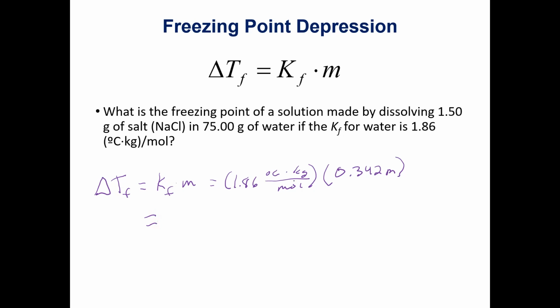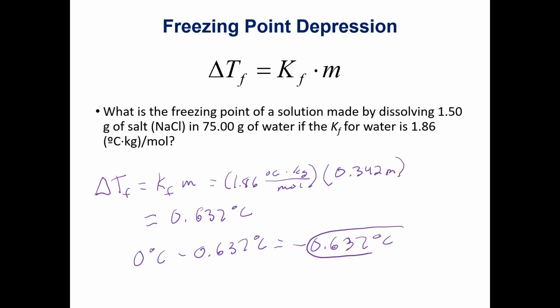So if we take 1.86 times 0.342, we have 0.637 degrees Celsius. And we want to know the freezing point of the solution. Well, the freezing point of pure water is 0 degrees Celsius, and this lowers the freezing point. So we would now have a freezing point of negative 0.637 degrees Celsius.